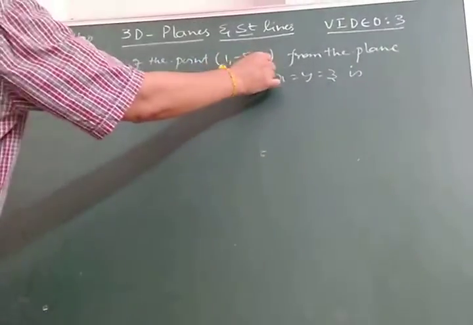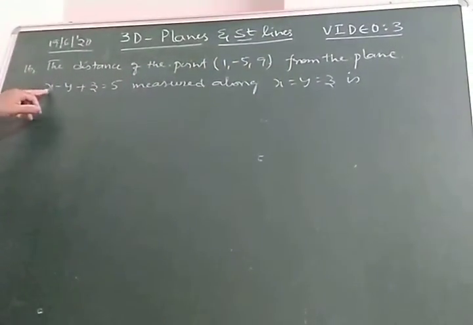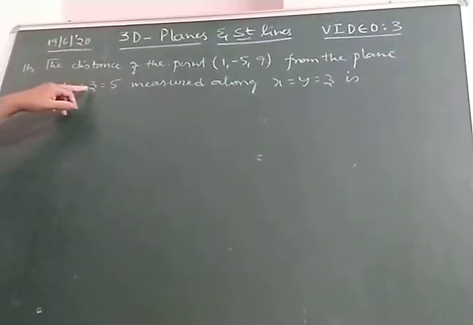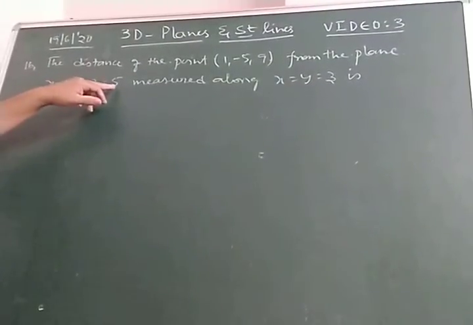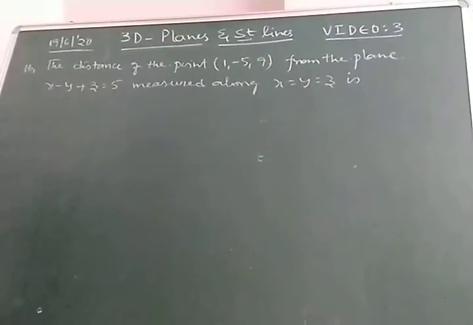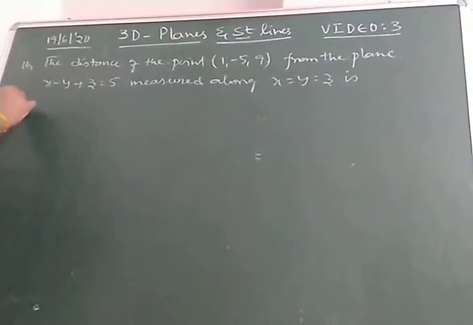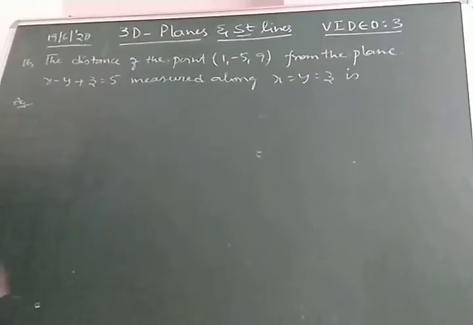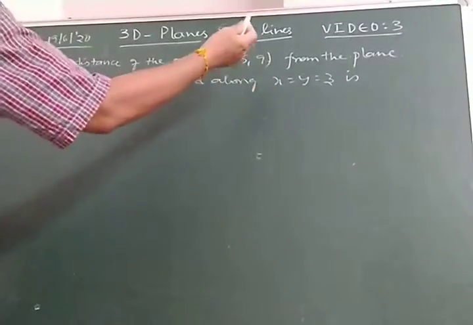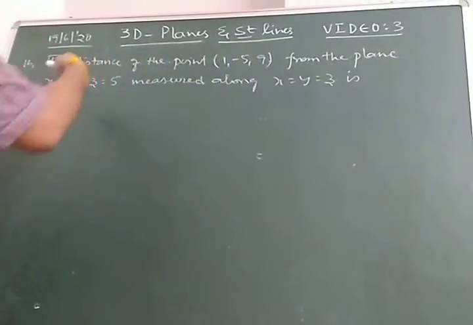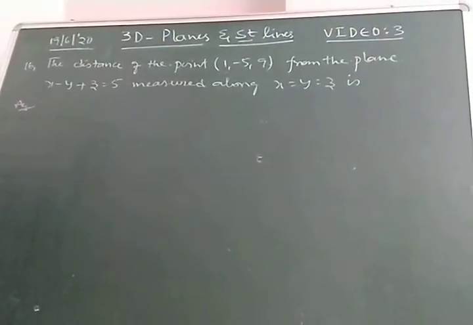Find the distance of the point (1, minus 5, 9) from the plane x minus y plus z is equal to 5 measured along the line x is equal to y is equal to z. That means if the point lies on this line, the distance from this point to the plane is, what is the distance between the point and the plane.